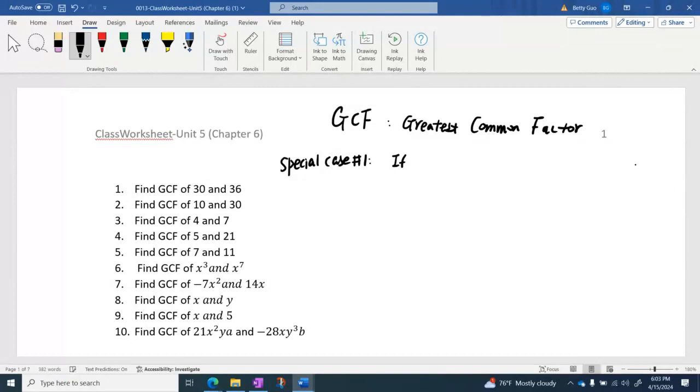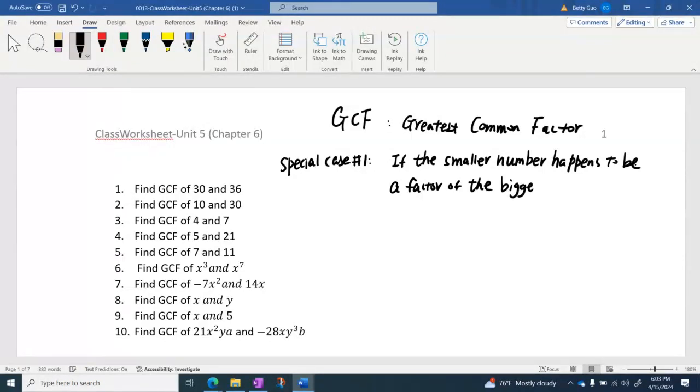And if the smaller number happens to be a factor of the bigger number, then the GCF of the two numbers is the smaller number.